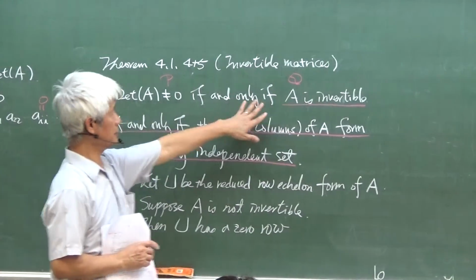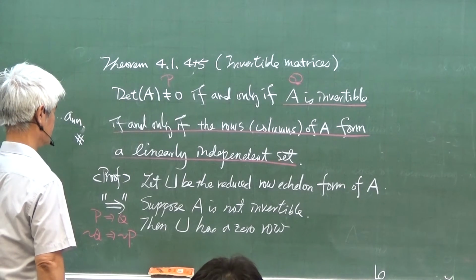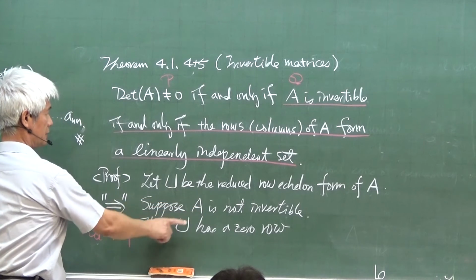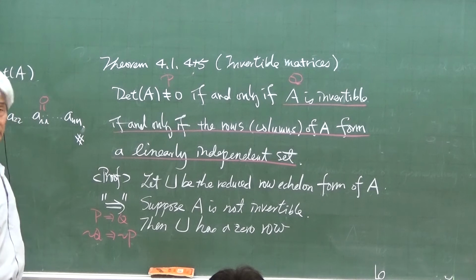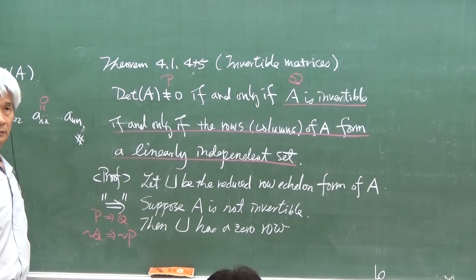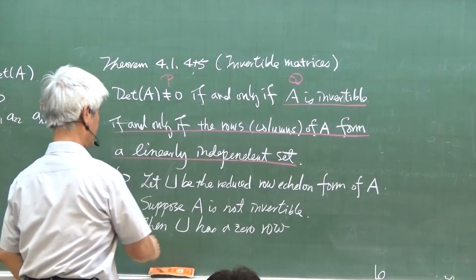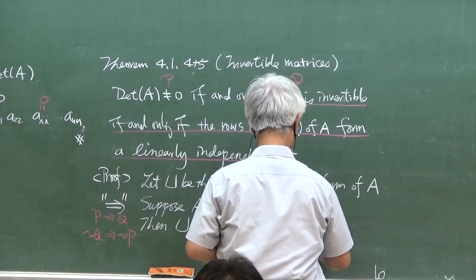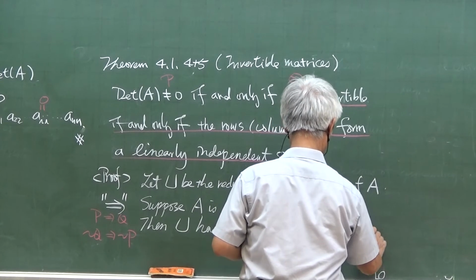So A is not invertible. Then if A is not invertible, then the reduced row echelon form has a 0. Right? In chapter 3, we know that. So this implies that the determinant of A is 0.